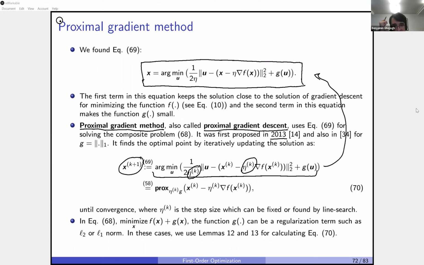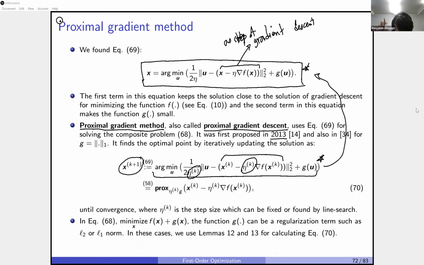Okay, let's interpret this or this, it doesn't matter, they are the same. What is this? This is a step of gradient descent, which we introduced 2 sessions ago.